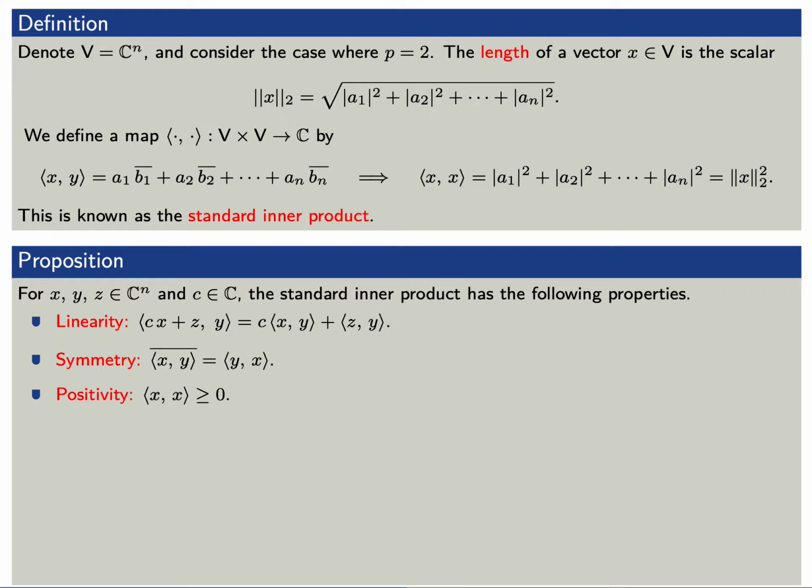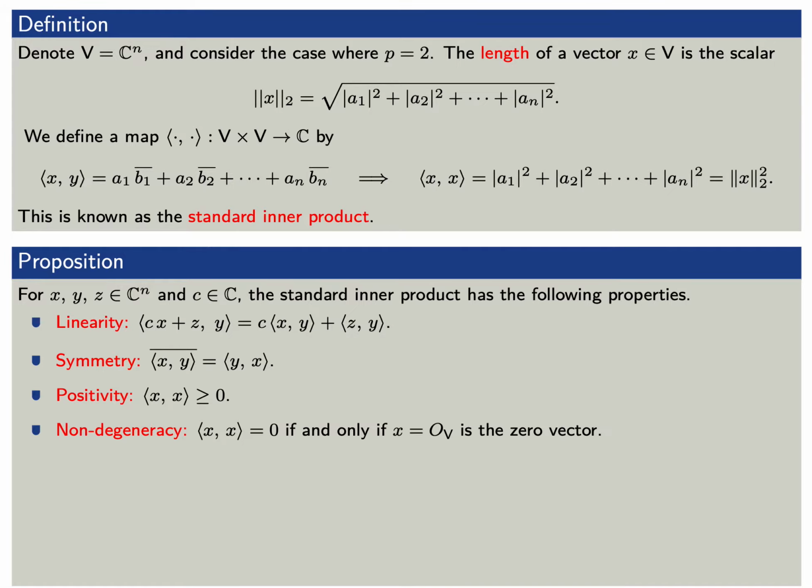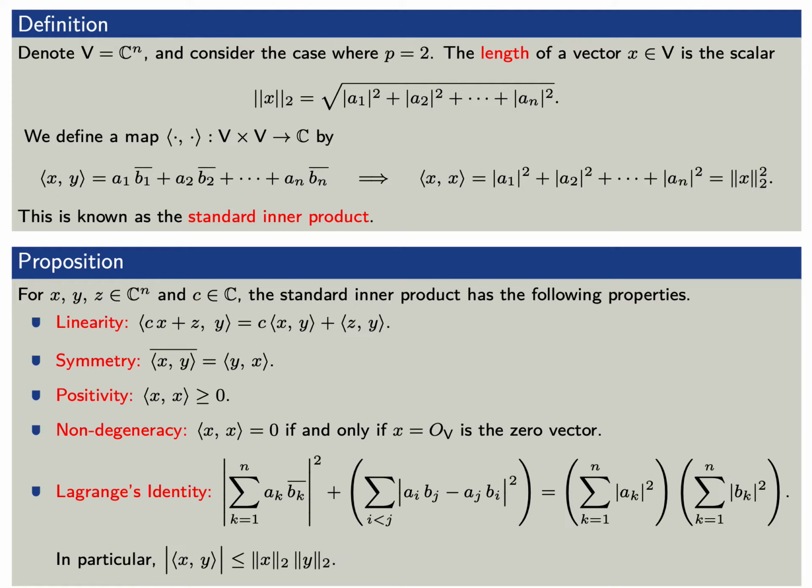Next, we have positivity. That is, if we take the inner product of x with itself, not only is this a real number, but it's a non-negative real number. That is, it's always greater than or equal to 0. And indeed, we have non-degeneracy. So the inner product of x and itself is 0 if and only if x itself is the 0 vector.